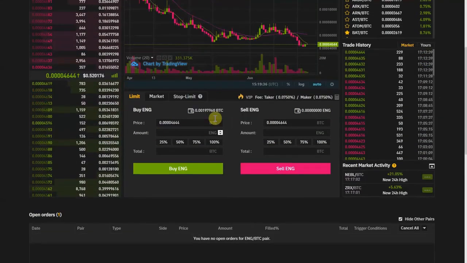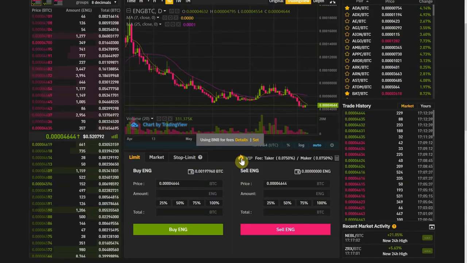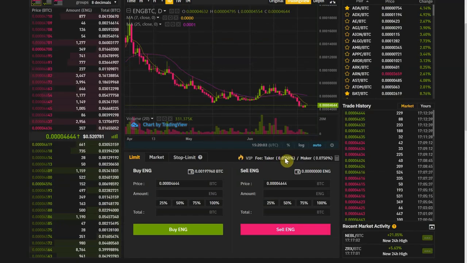I actually did forget to talk about the fees, and I do use Binance tokens to pay for the fees. If you're an active trader and you have a lot of trades, the fees can eat up a lot of your profits. So any discount you can have on the fees is good, basically. And the way it works is, if you're new, I think the fee discount is around 50%, which is great.